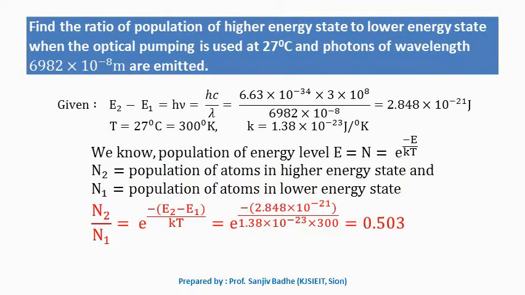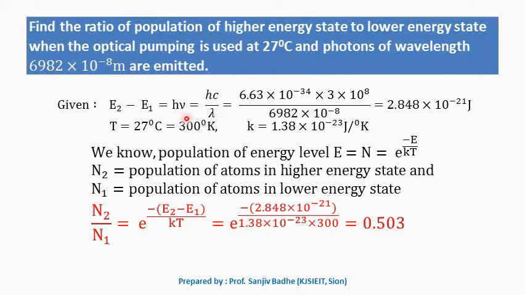This is one more. Find the ratio of population of higher energy state to lower energy state when optical pumping is used at 27 degrees centigrade and photons of wavelength 6982 into 10 to the power minus 8 meter are emitted. Here we can calculate the value of E2 minus E1 by using the wavelength of the photon.